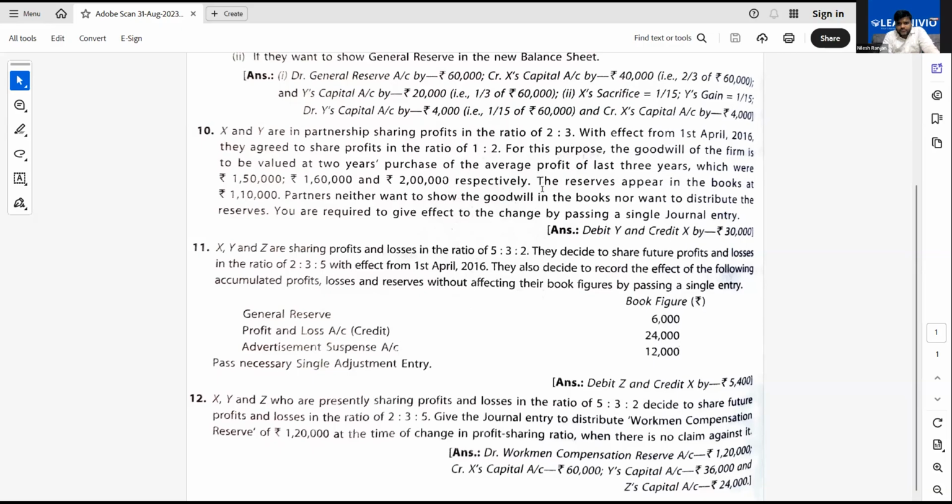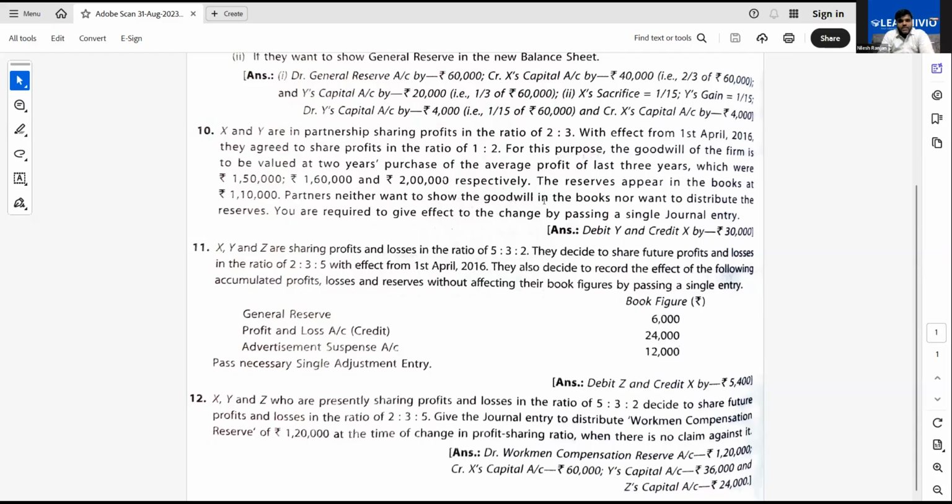Here I don't think so. The reserve and profit and loss account is not closed. Where it is written? Without affecting their book figures. They also decide to record the effect of the following accumulated profit, loss, and reserve without affecting their book figures. Means that they don't want to change the value. It means the account will still be open.